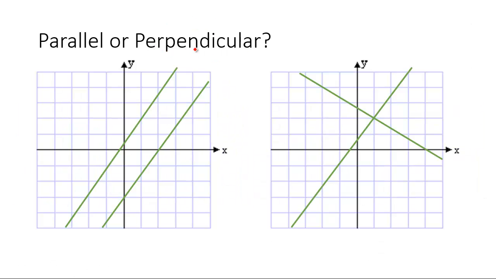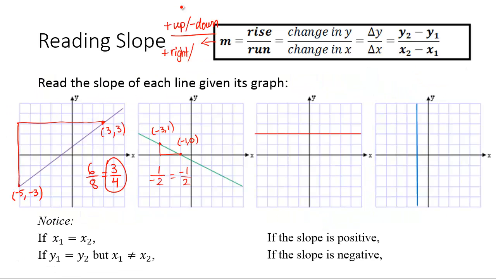If the run is negative, that's left. So you can see we can read this as up 1, left 2, or down 1, right 2. Either way, it's a negative slope, and you can answer either way, that's fine.